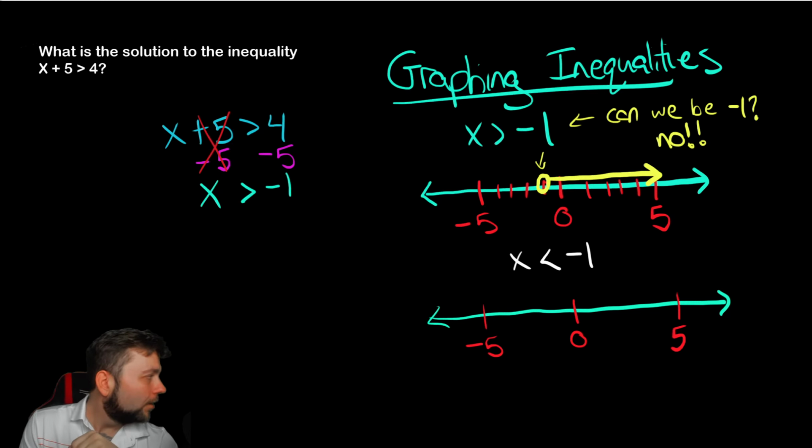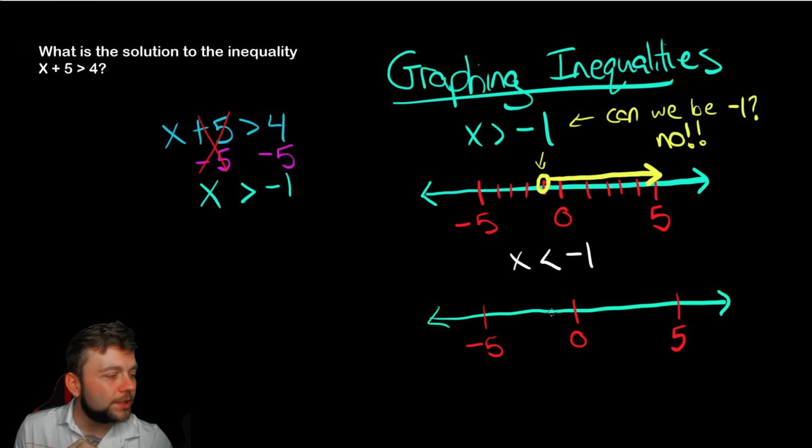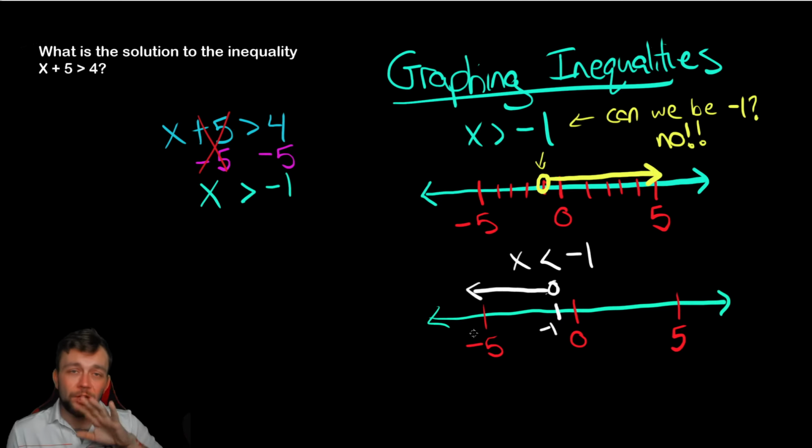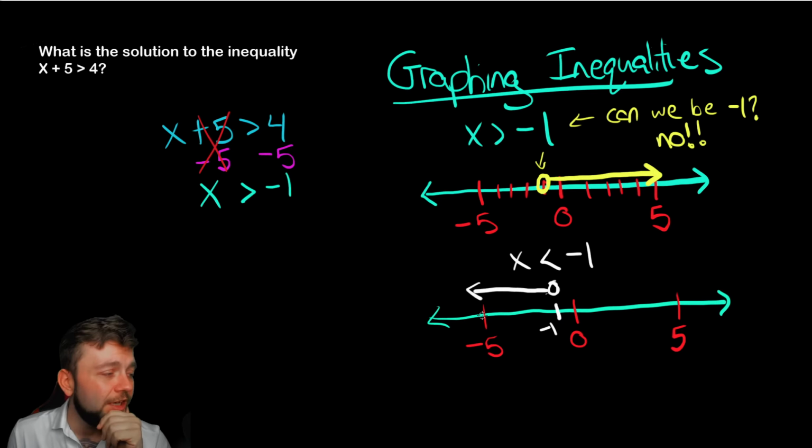Okay? We still have our -1 right in that area, and we still do an open circle, right? We can't be -1, but instead of going to the right, we go to the left. And we draw our arrow. That means that it's going out there for infinity.